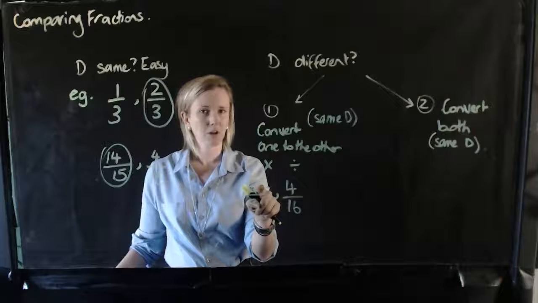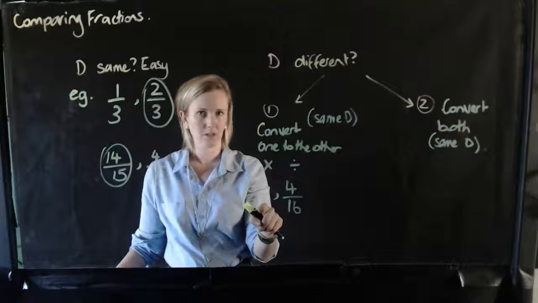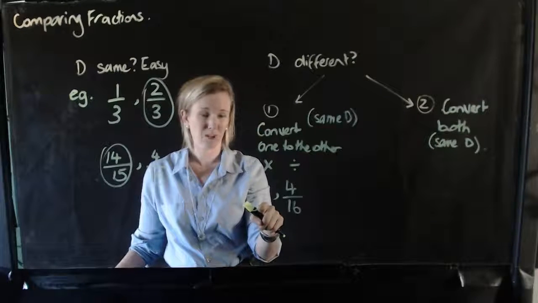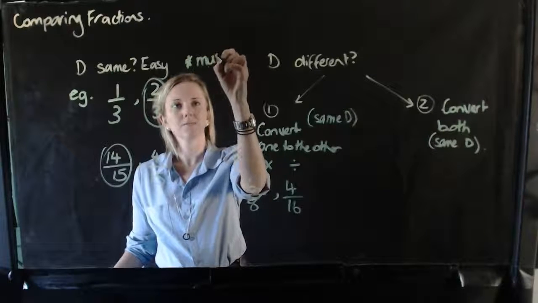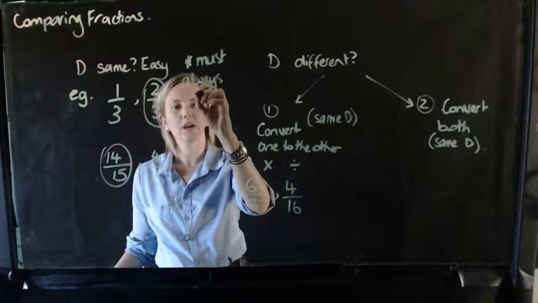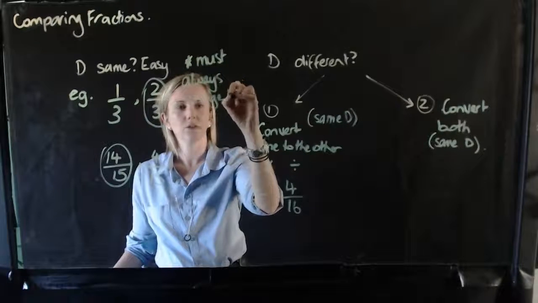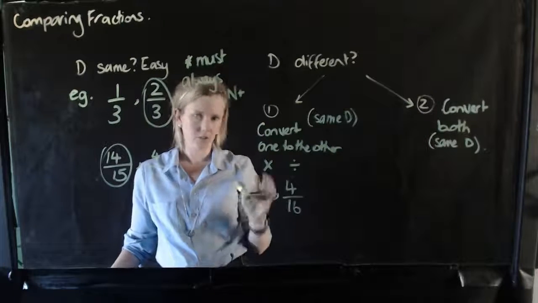Okay, if you don't do that and you just change the denominator, then you're actually changing the value of the fraction, which is going to lead you to get a wrong answer probably. Okay, so remember that you must always change the numerator and the denominator. All right, you've got to do both.